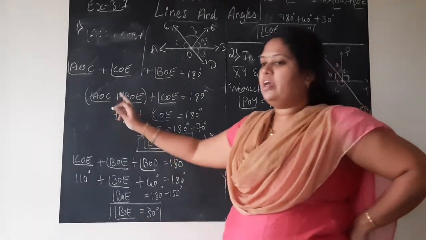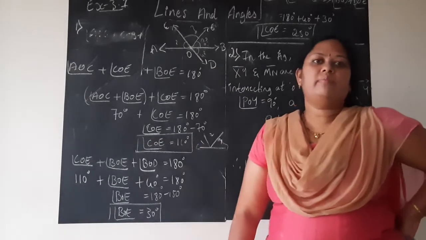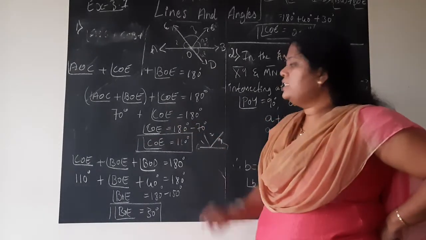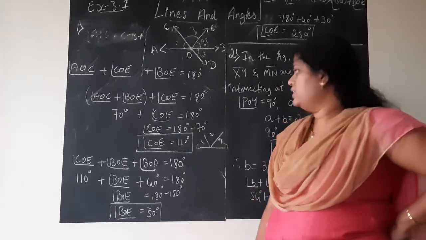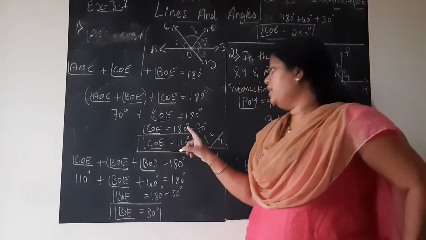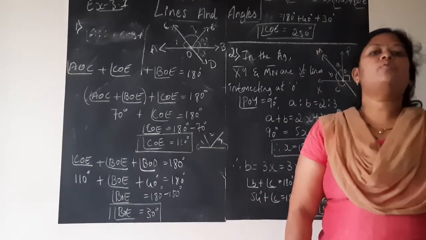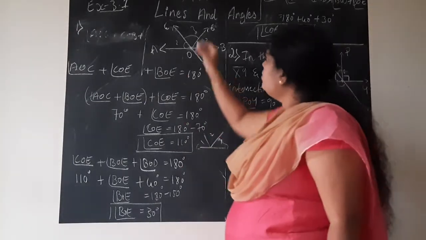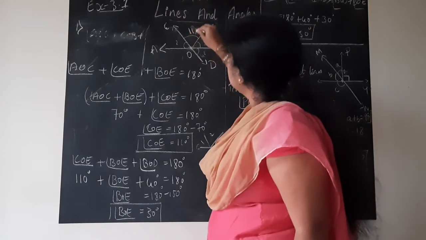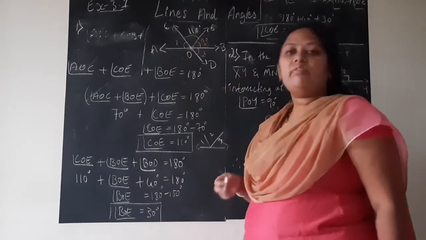In place of AOC and BOE, I will now substitute 70 degrees from the given data, and angle COE I am writing as it is, equal to 180 degrees. What is angle COE now? It is 180 degrees minus 70 degrees, which is equal to 110 degrees. So we find that this angle is 110 degrees.